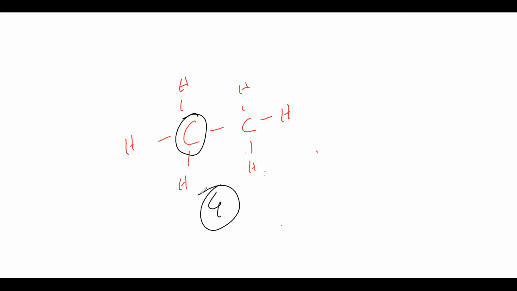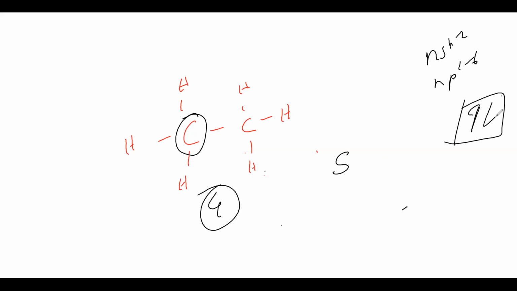Correct? S can only hold how many? ns holds 1 to 2, np holds 1 to 6. So S can only hold one box only, because in one box you can have two electrons, a pair. That's it. So S will always be 1. So the remaining 3 are P. sp3, this is sp3 for this carbon atom because of 4 single bonds.